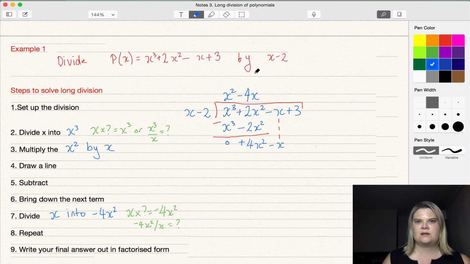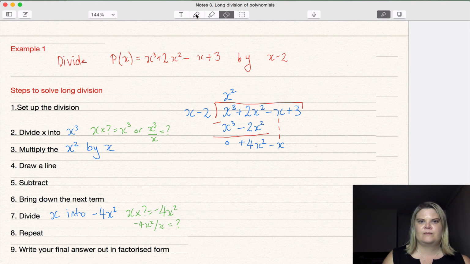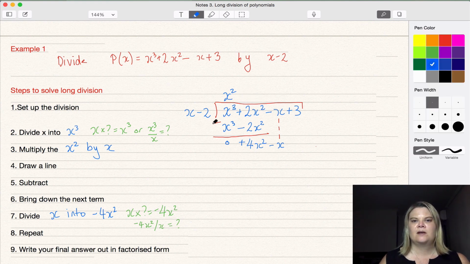This into this. X into 4x squared. You could read it as x times what makes 4x squared, or 4x squared divided by x equals what? 4x squared divided by x is plus 4x.